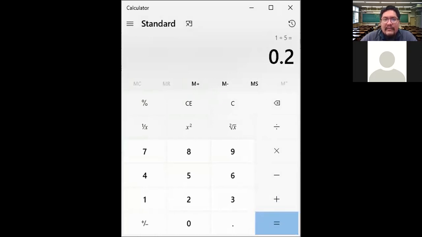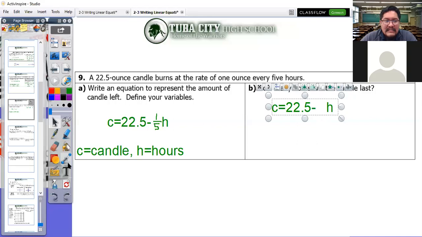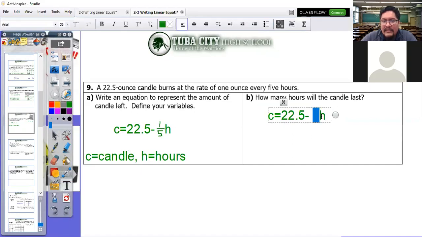So I would need to put in 0.2. I'm only doing this to make it go a little bit simpler, so I'm going to convert this fraction into a decimal, which you can do sometimes. Sometimes you shouldn't do that, and in this case I am going to do that just to make it a little bit easier.